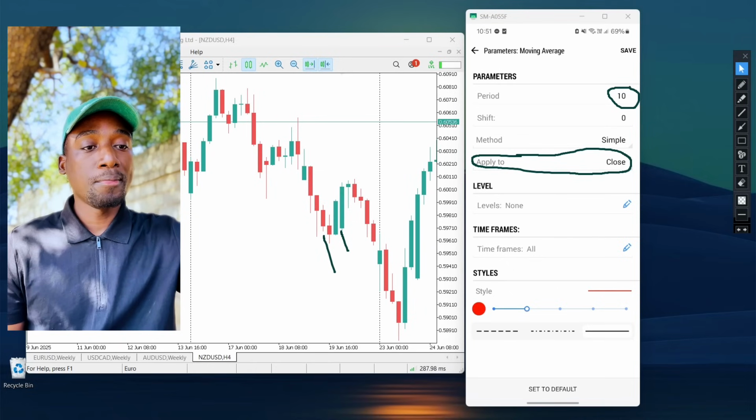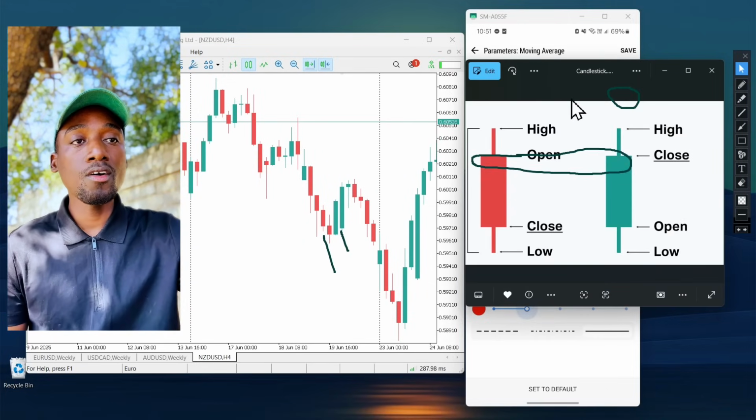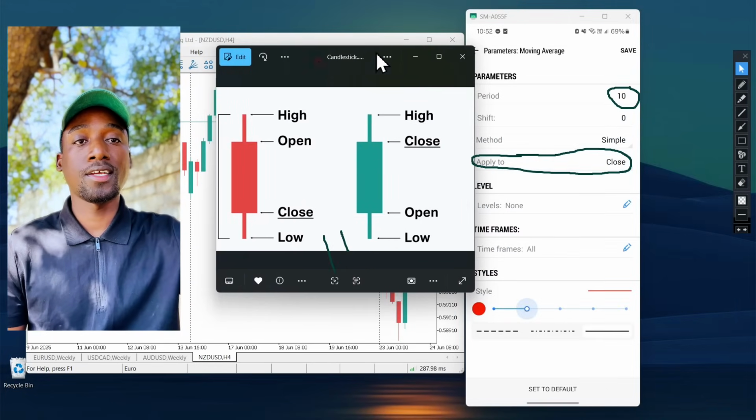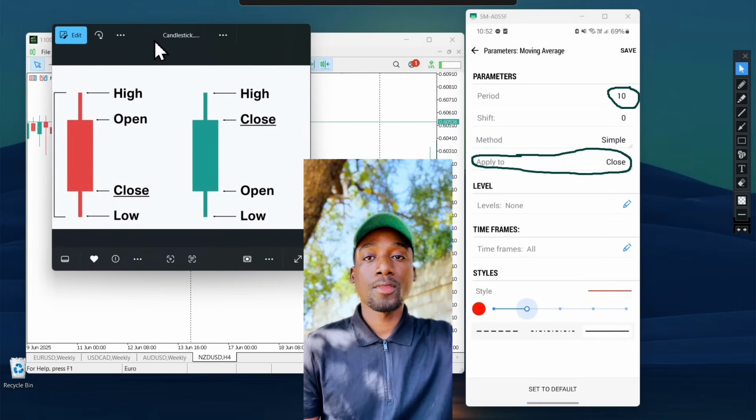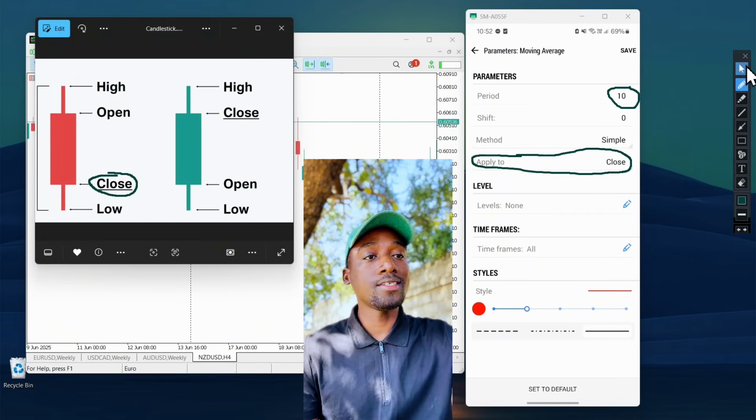Let me bring the candlestick back. Remember, I've mentioned the trading logic of this candlestick. I trust you understand by now that we have the close price. So the indicator will count the close price. You can easily change that.